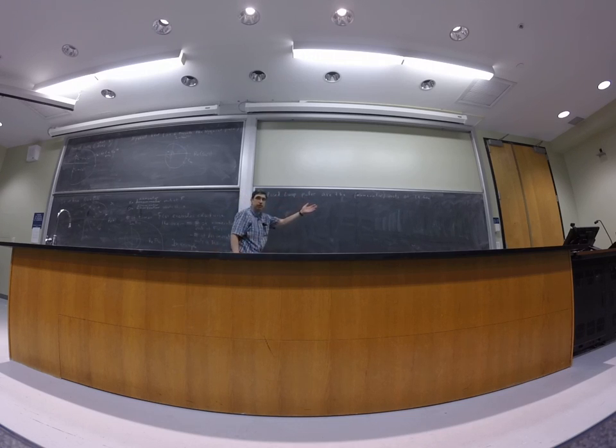What is 1 plus GOL? Let's write what 1 plus GOL is. Which is 1 plus GU of s, GC of s. GU of s is what? It's a ratio of polynomials times e to the minus ds. Right?